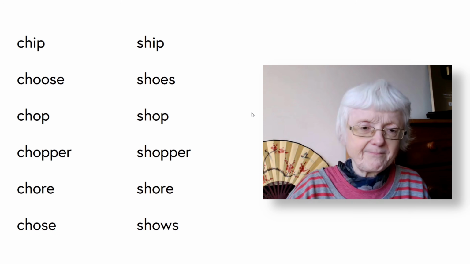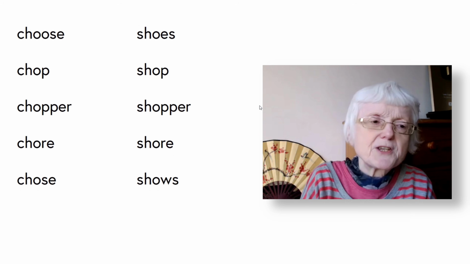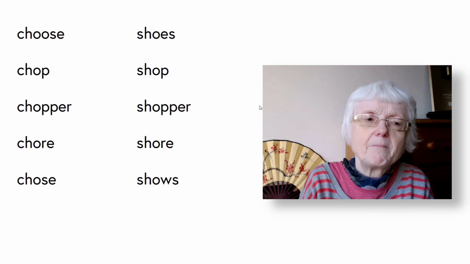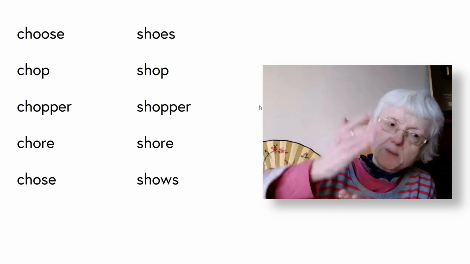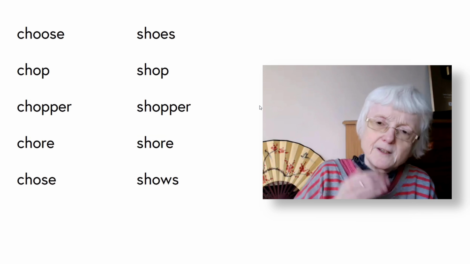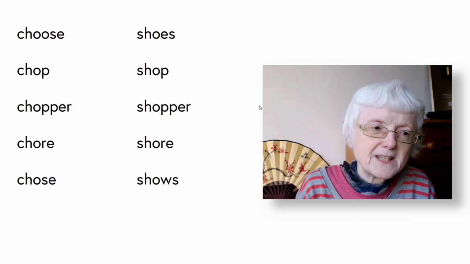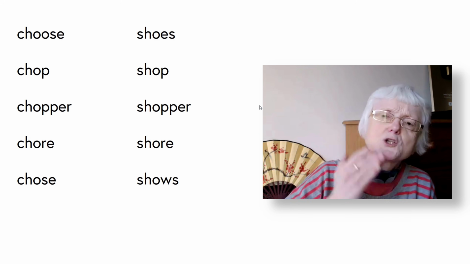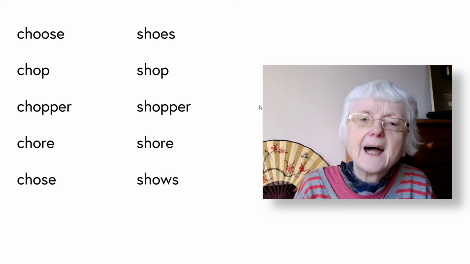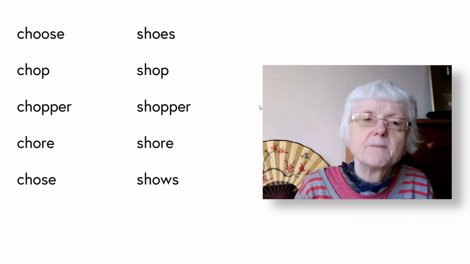Okay. Next, chop. When you're chopping vegetables, chop, like that. It's almost imitating the sound, isn't it? Chop. And shop.